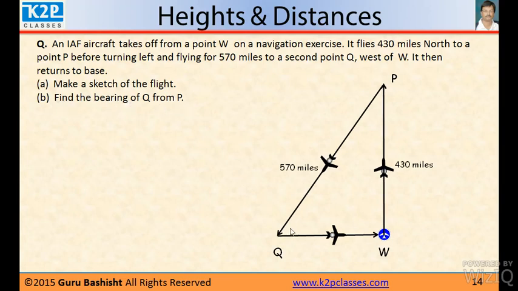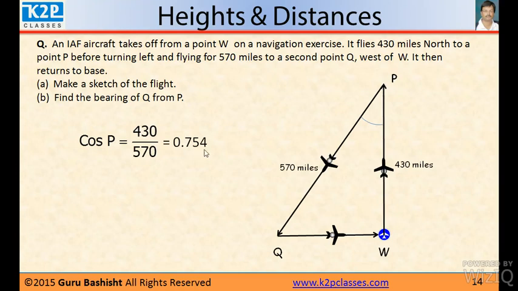Bearing of Q from P. Okay, cos P. This is P. So cos P will be base over hypotenuse. So 430 by 530, it is 0.754.